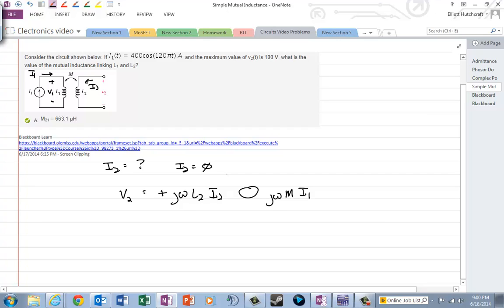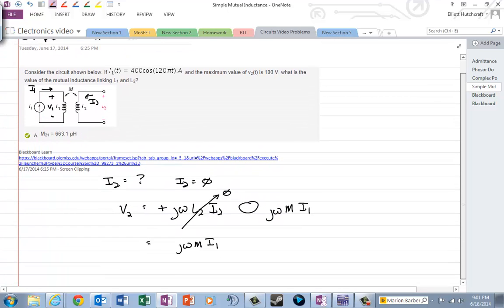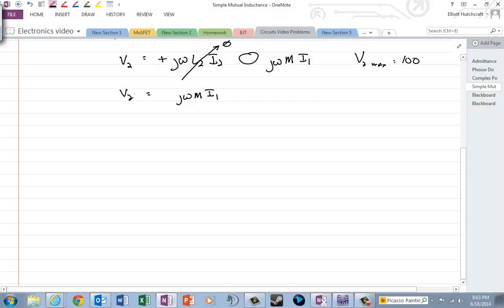But notice, since I2 here is 0, this term goes away, and so we just get V2 as j omega M I1, and whatever the proper sign should be with regard to the dot convention doesn't really matter, because they tell us the maximum value of V2 of t is 100 volts, so the maximum value of the V2 phasor is 100, and so V2 is equal to j omega M I1.